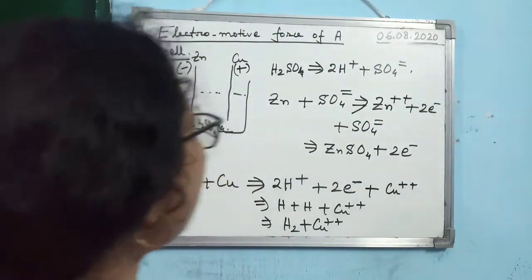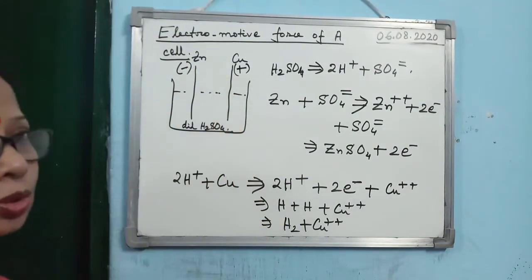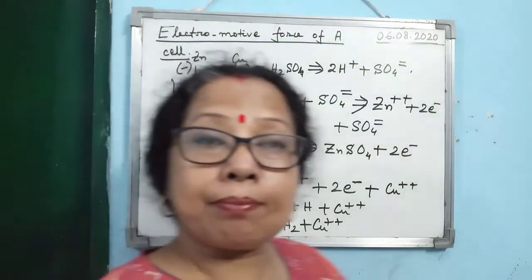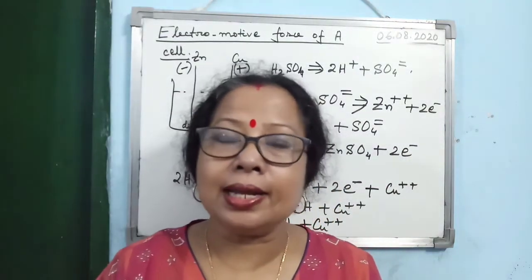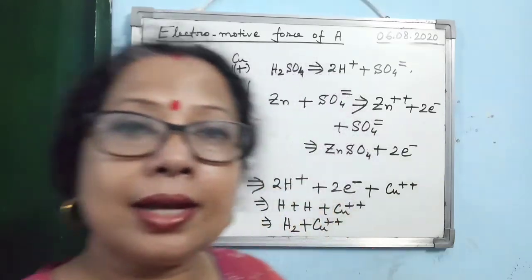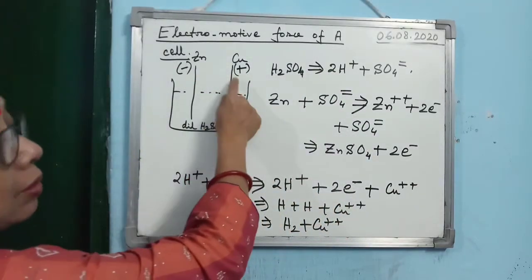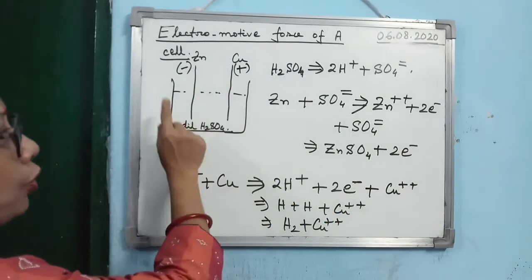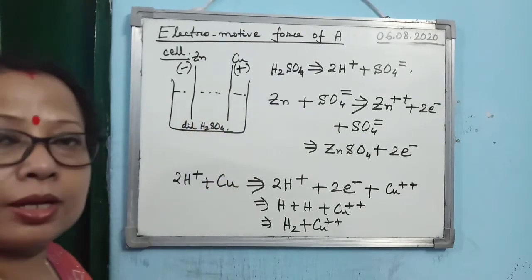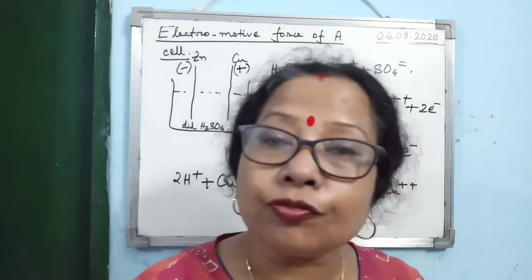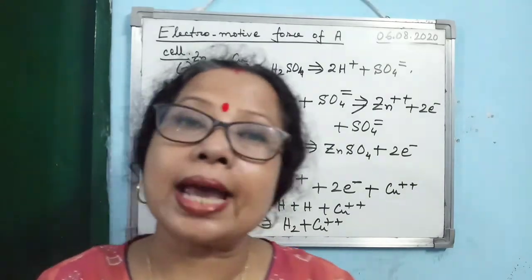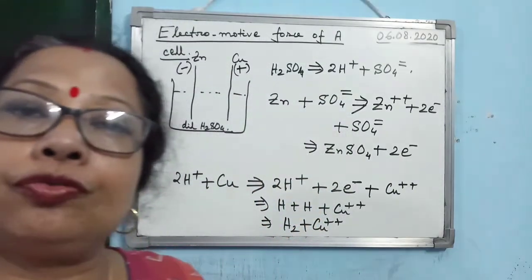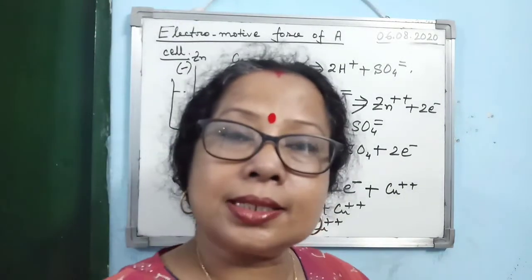So a potential difference will be produced among the electrodes of an electric cell. Now this potential difference produced in the cell when no current is drawn from the cell is known as electromotive force. What is the electromotive force?